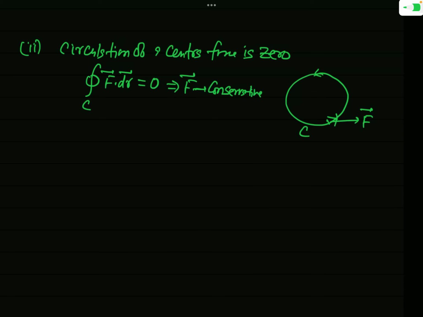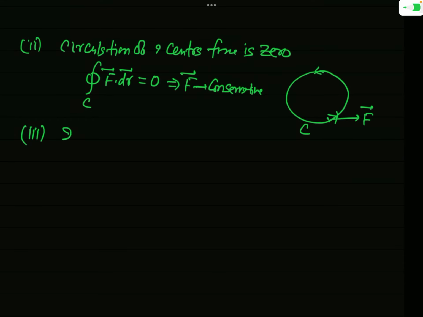Again, as you can see that central force is a conservative force field, and you know any conservative vector field can be obtained from a potential function. Whenever the field is conservative, we always define a potential function with respect to that field. So, if V equal to potential, or you may also call it potential energy.